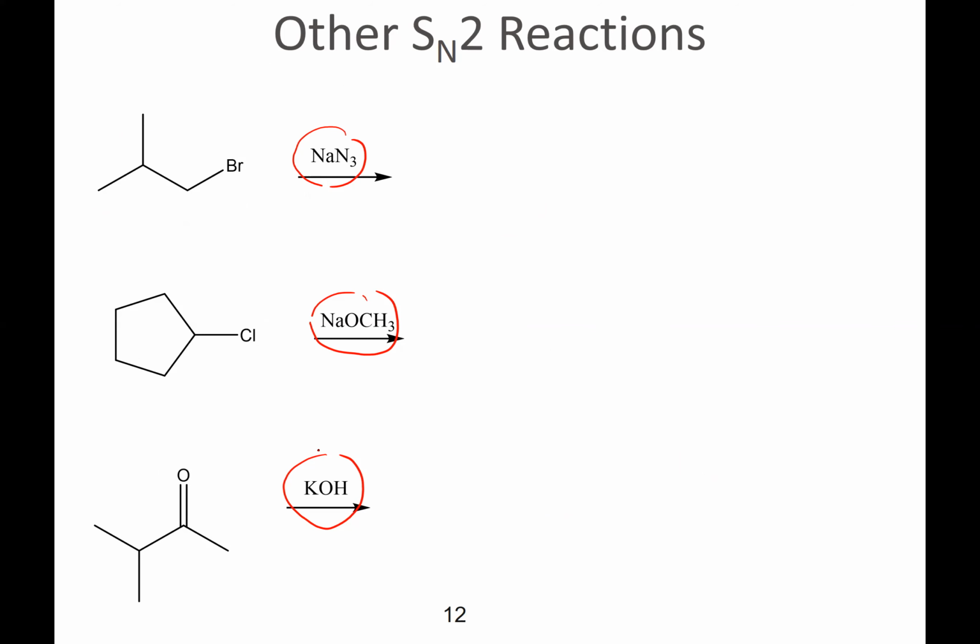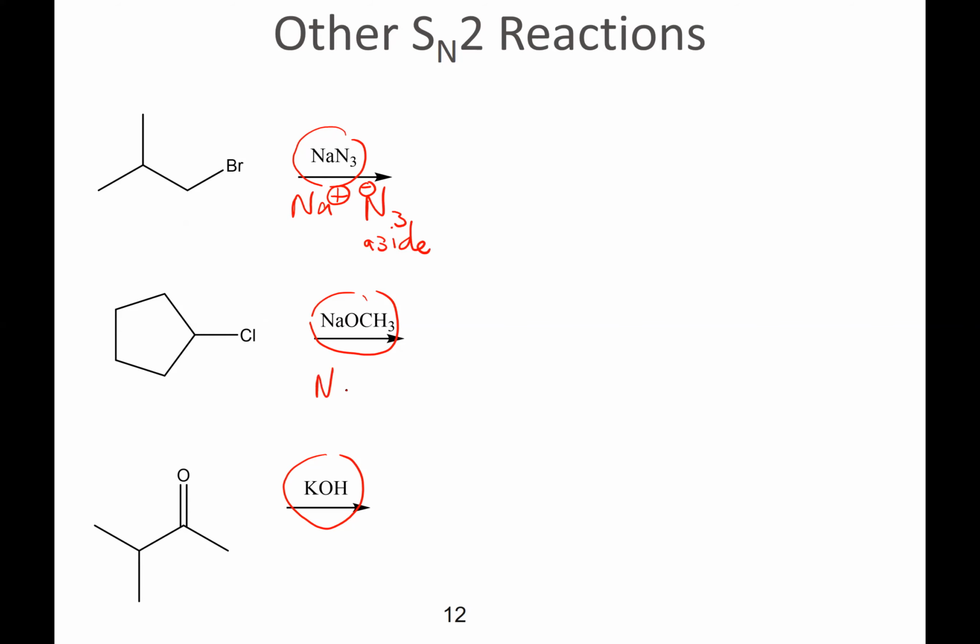It's going to be a sodium or potassium salt of some type. And so what you have to recognize is these are all ionic compounds. They're composed of sodium. In this one case, it's sodium ion. And I'll remind you what that is. That's azide. That's sodium azide.